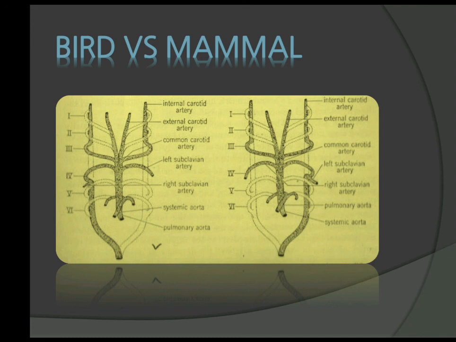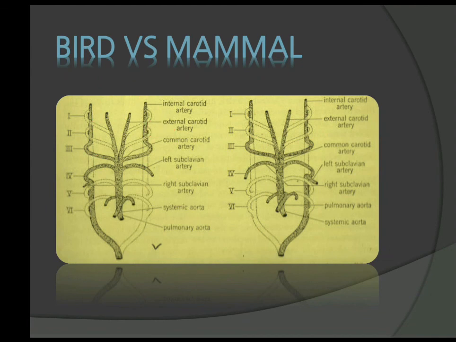And if we take the systemic arches, we have got the left systemic arch over here, and we have the right systemic arch over here. If you take the carotids into account, these are quite similar in the case of the birds and the mammals.